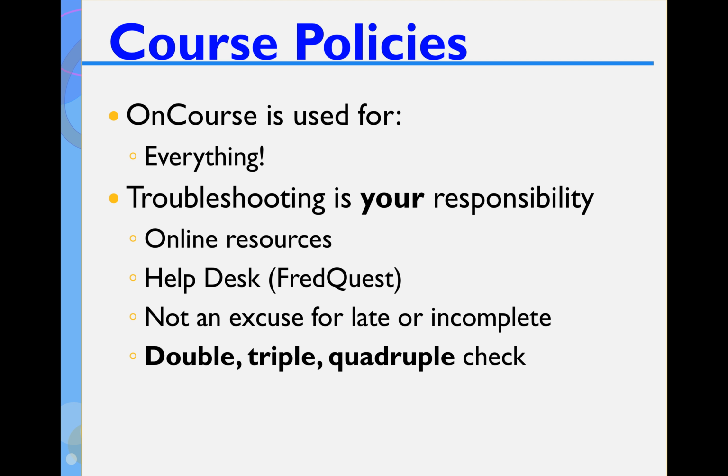There are some links in the syllabus, and when you submit something, whether it's a discussion post or an assignment, quiz, whatever the case is, it's helpful to double or triple check. OnCourse will give you confirmation that something's been submitted if you go back into it after you've completed a submission, so it's your responsibility to check that.